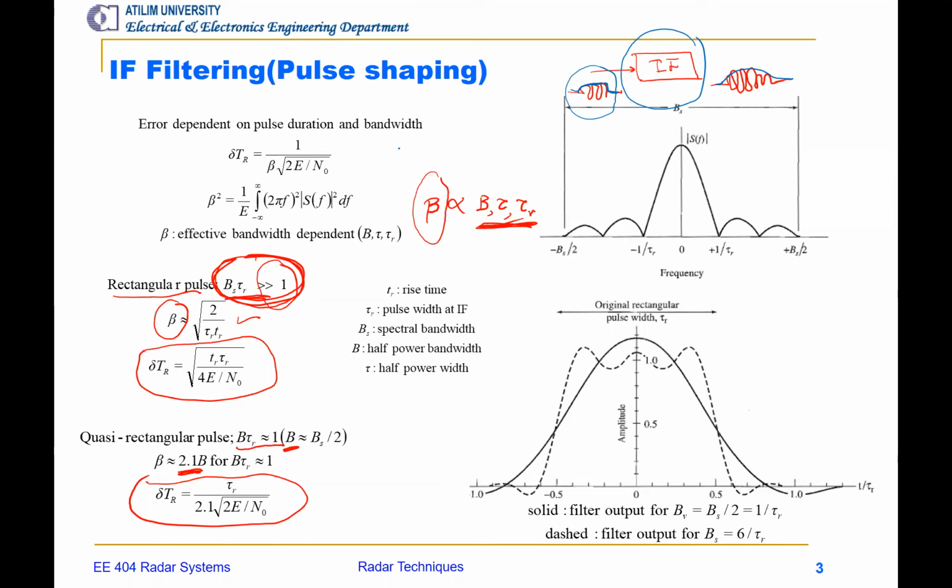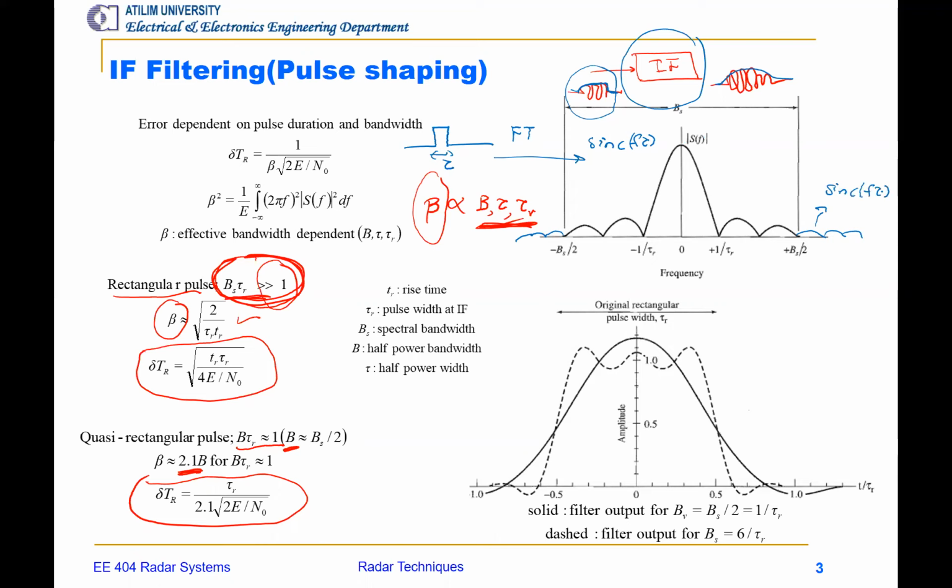For this, let us remember a simple rectangular pulse whose duration is tau, and its Fourier transform is going to be sinc f tau, okay? So if we show it here, let's say it goes to infinity like this. This is the Fourier transform of a rectangular pulse, so sinc f tau.